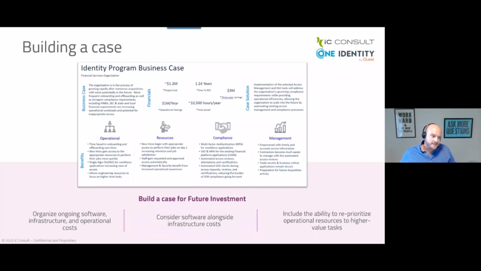So that could be things like the ability to have folks have the correct access on day one, people having greater satisfaction with their job, those sorts of things. So we tried to cover the gamut there between technical and relatively hard cost savings, as well as some of the softer aspects that companies experience with some of these software solutions as well.